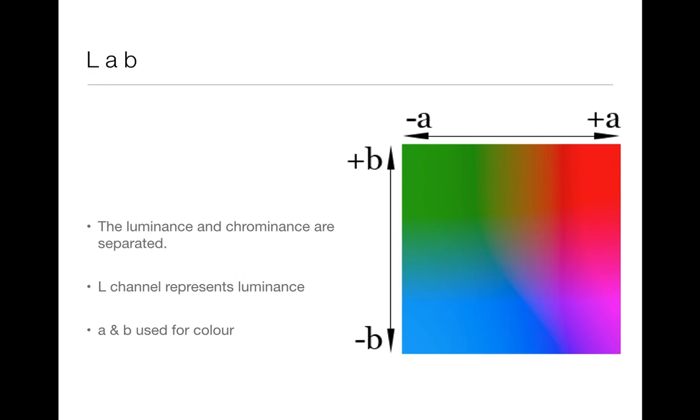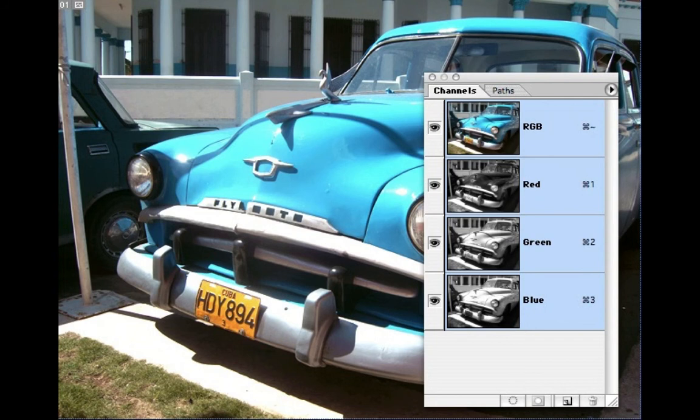So when an image is stored in this color space, it does have a very interesting property. If you consider an RGB image, if you wanted to make a black and white version of an RGB image, you'd have to take the red value of each pixel, the green value of each pixel, and the blue value of each pixel, and average them out to get how bright something is.